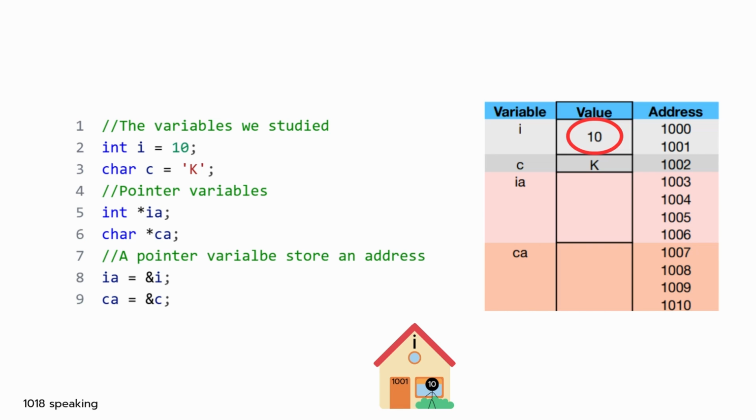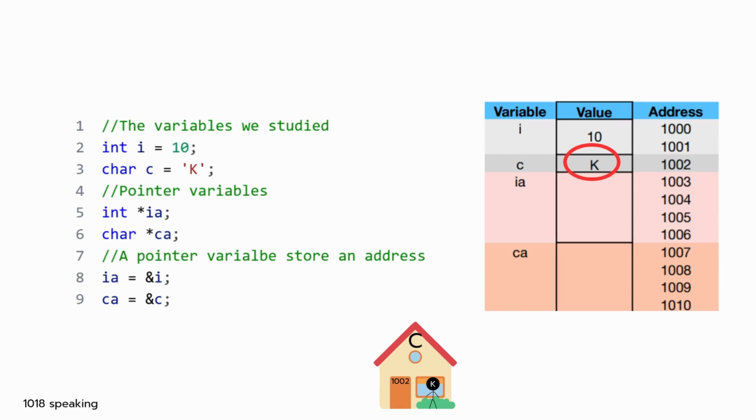That means inside this memory box, the value 10 is saved and labeled as i. Think of it like a small house named i with number 1000 on the door. Next, we have a character variable c that stores the letter k. Both are normal variables that store actual values.